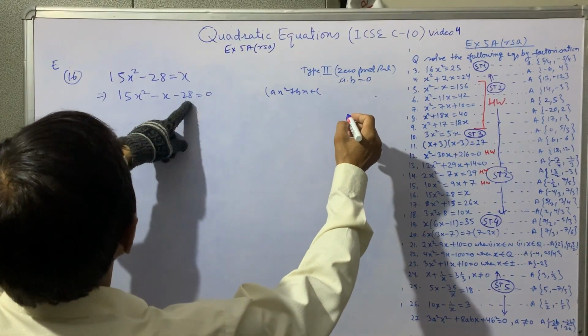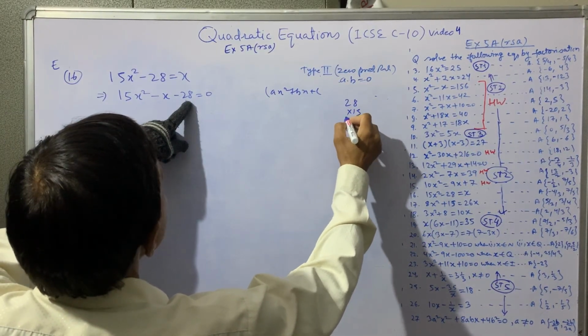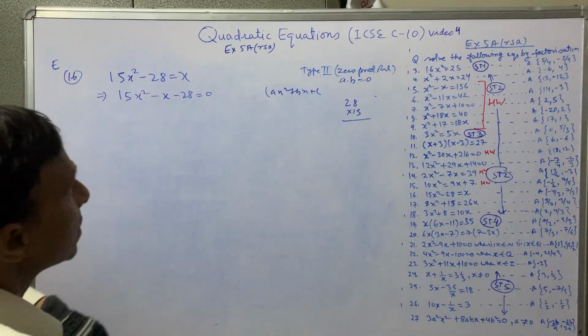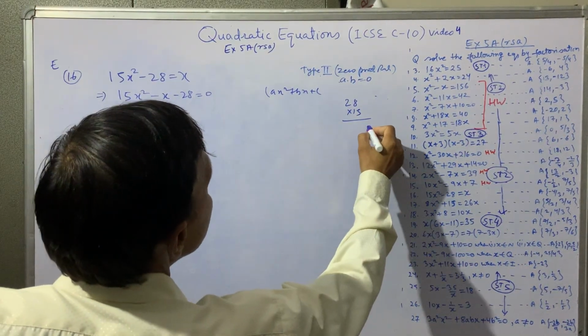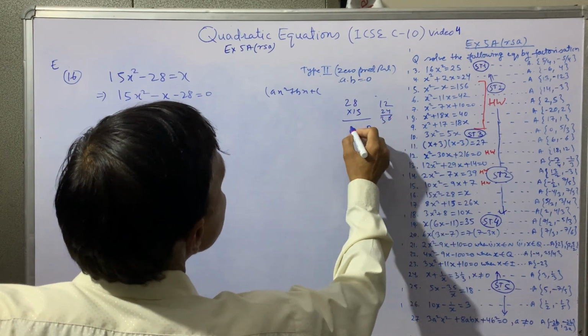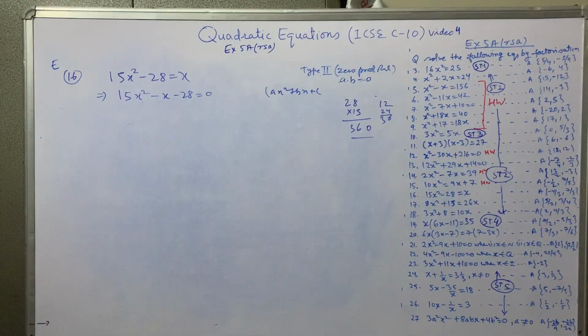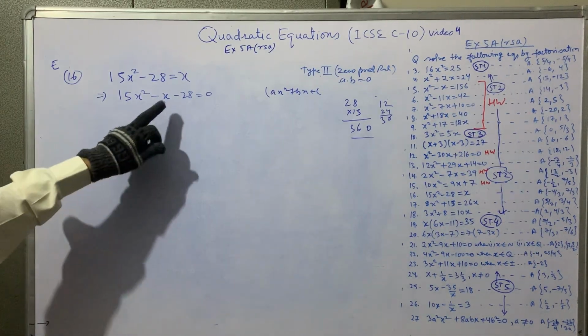So on multiplying a into c, what we are getting is 28 into 15. So 15 into 28, we are getting 360. So I will factorize 360 in such a way to get this one x.